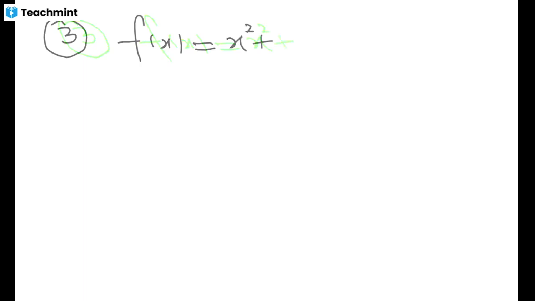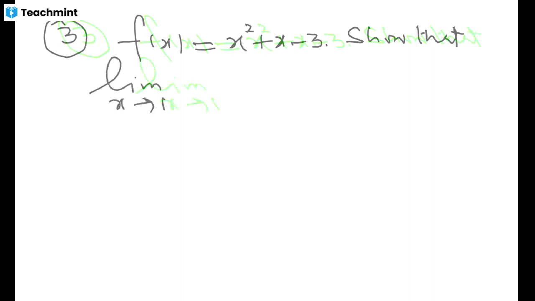Moving on, let us consider a function where you require a bit of work to compute the limit. I'm considering this function, which is a quadratic polynomial, and I have to use the definition of the limit to show that the limit of f of x as x tends to 1 is -1.